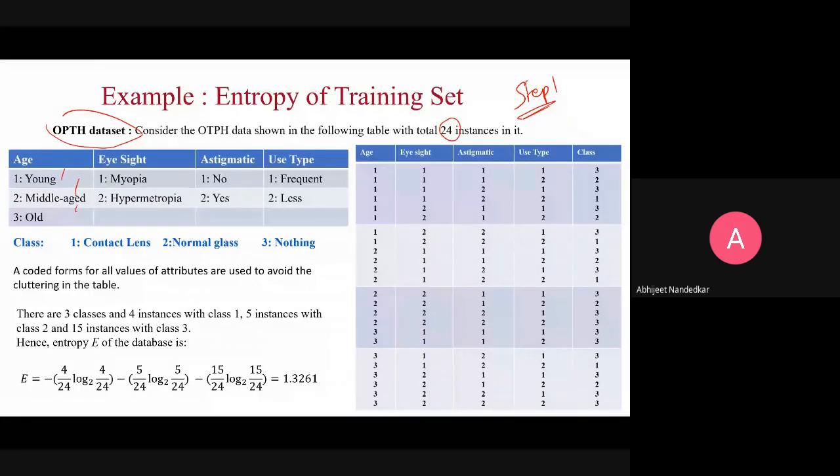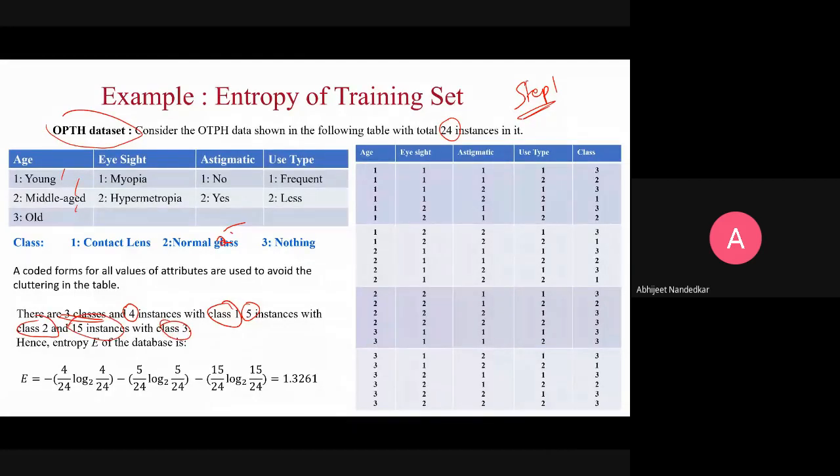Now, how do I do it? I just count how many samples of the 3 classes exist in this table. That is my simple way of doing it. There are 3 classes, and 4 samples belong to class 1, 5 samples belong to class 2, 15 samples belong to class 3.